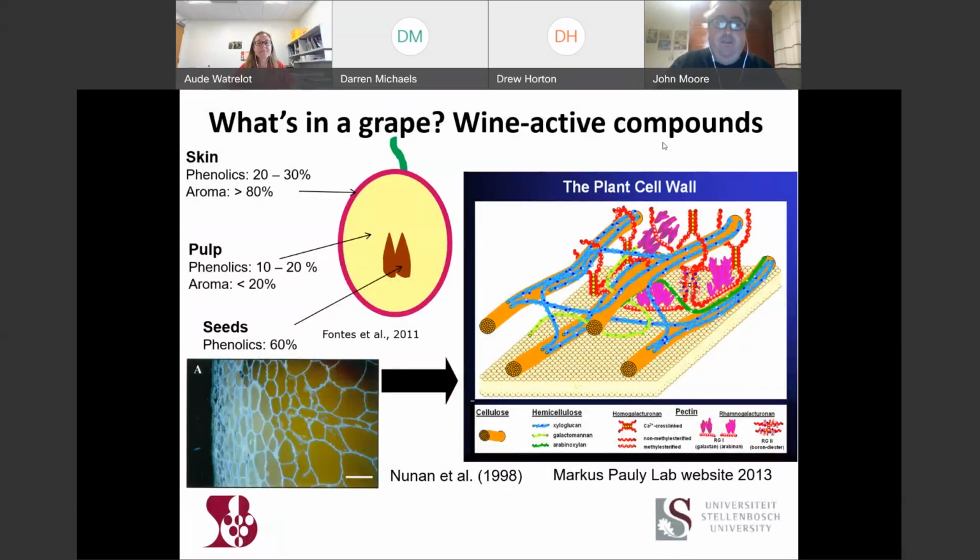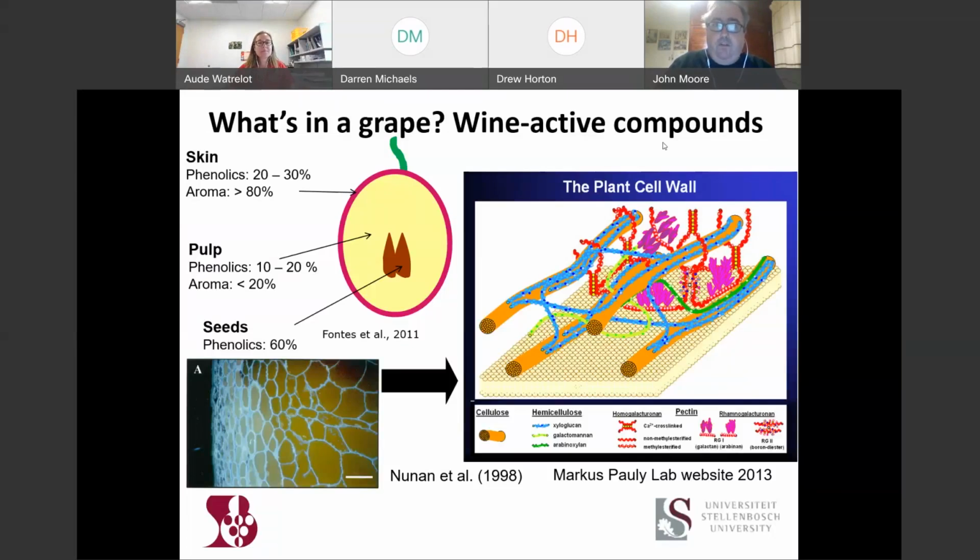Then pulp accounts for only 10 to 20% of phenolics, and then more phenolics are present in the seeds. So in order to access those compartments of the grape berry, we need to be able to break down those tissues. And an important constituent of a grape cell is the plant cell wall.